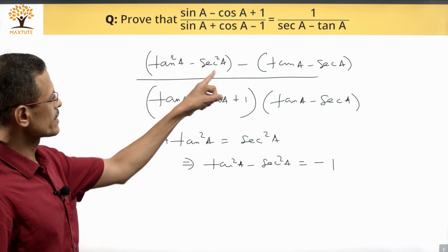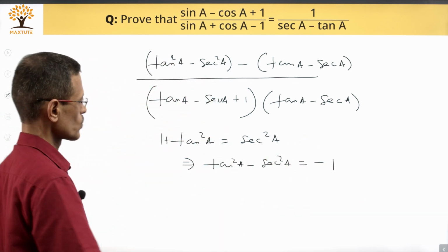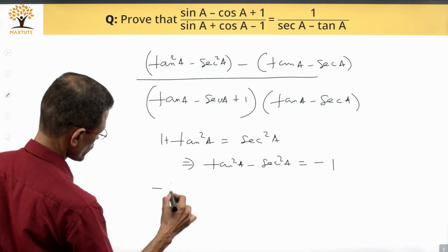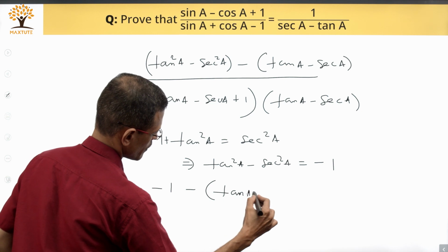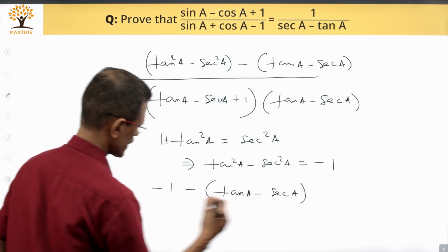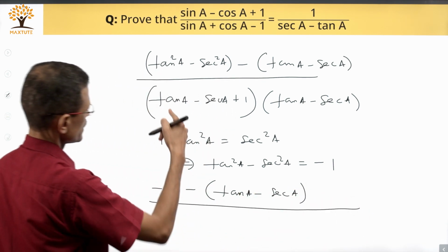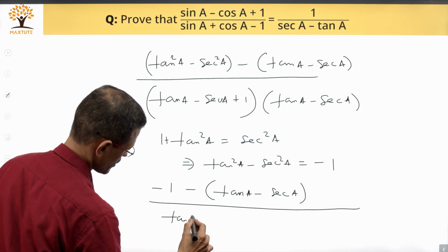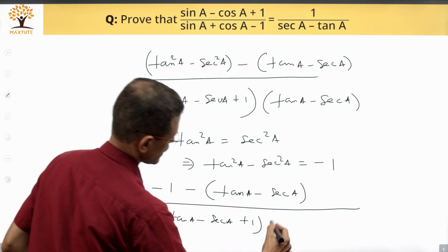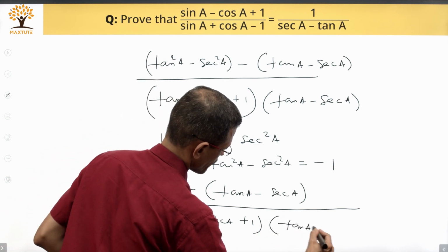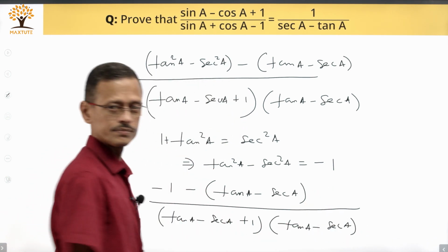So, we can write tan square A minus secant square A as minus 1. So, the numerator becomes minus 1 minus of tan A minus secant A, divided by the denominator, which is tan A minus secant A plus 1 times tan A minus secant A.